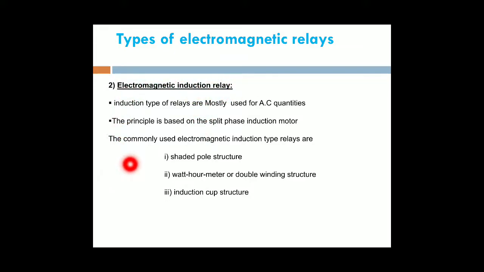Basically, the electromagnetic induction type of relays are divided into three types. The first one is the shaded pole structure type. Next one is the watt-hour meter or double winding structure type. Next one is the induction cup structure type.